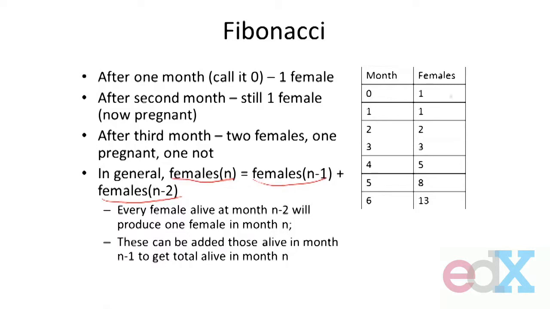And so you can see at month 0 there will be 1, at month 1 there will be 1, at month 2 there will be 2, and at month 3 there will be 3. And now you can see we're just adding to create the next one. At month 4 there will be 5, at month 5 there will be 8, and 13, and so on.